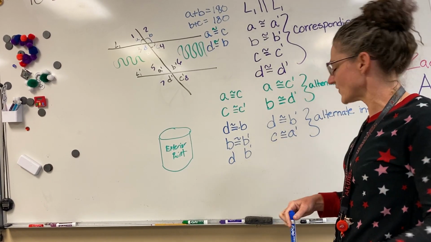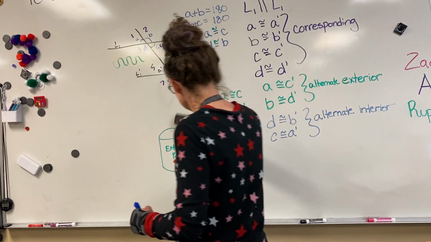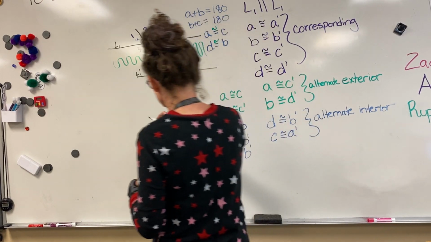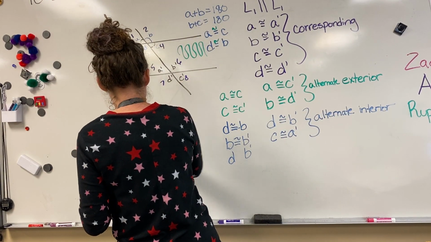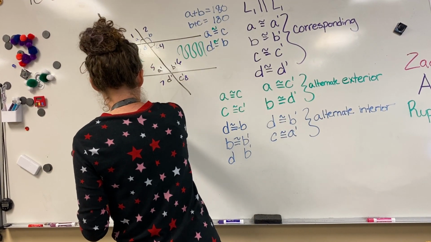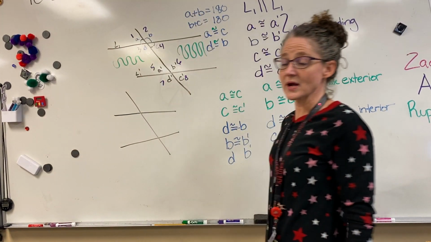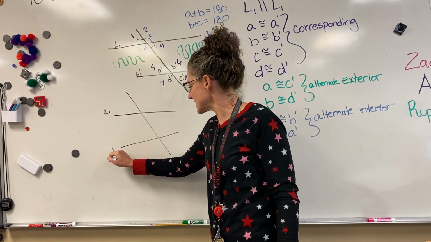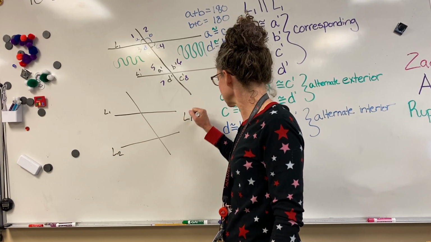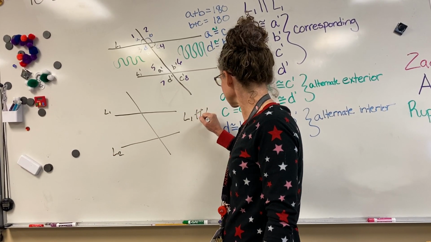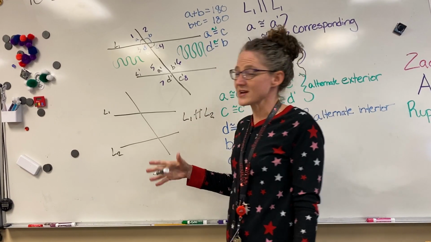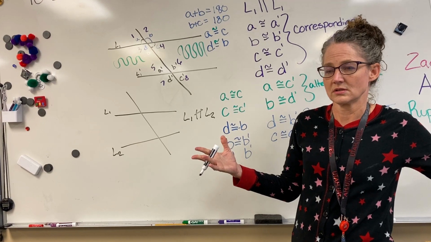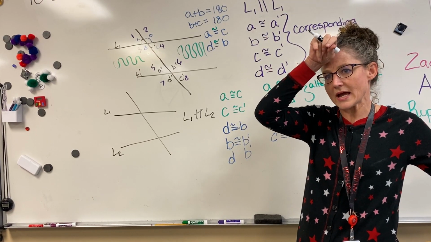Okay, now what if, for a second here, I have two lines that are not parallel. I'm going to say that line 1 is not parallel to line 2. Do I know anything about any of those angles? Yes. Which ones do I know things about, Braddock?